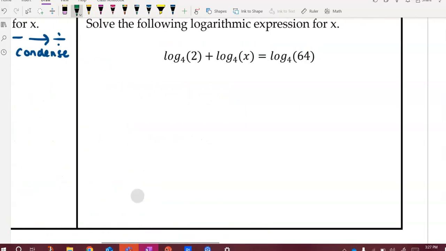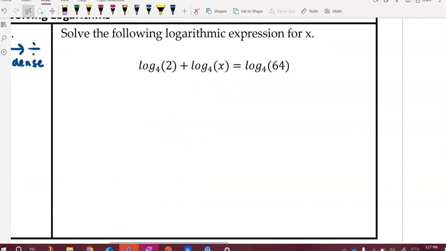Okay, last problem. Solve the following log expression for x. Okay, same thing here. We have 2 logs on the left and 1 log on the right. How can we condense the left side to be one single log so that they can cancel out and we can solve?